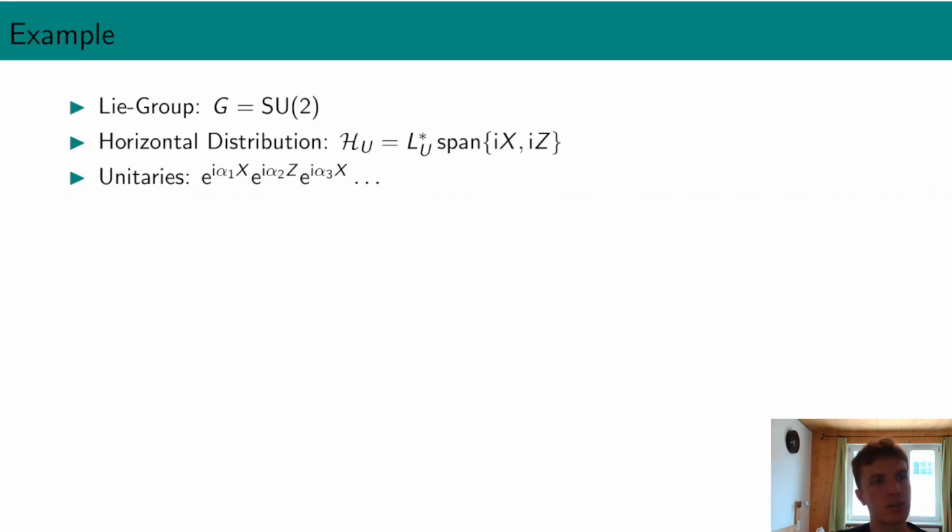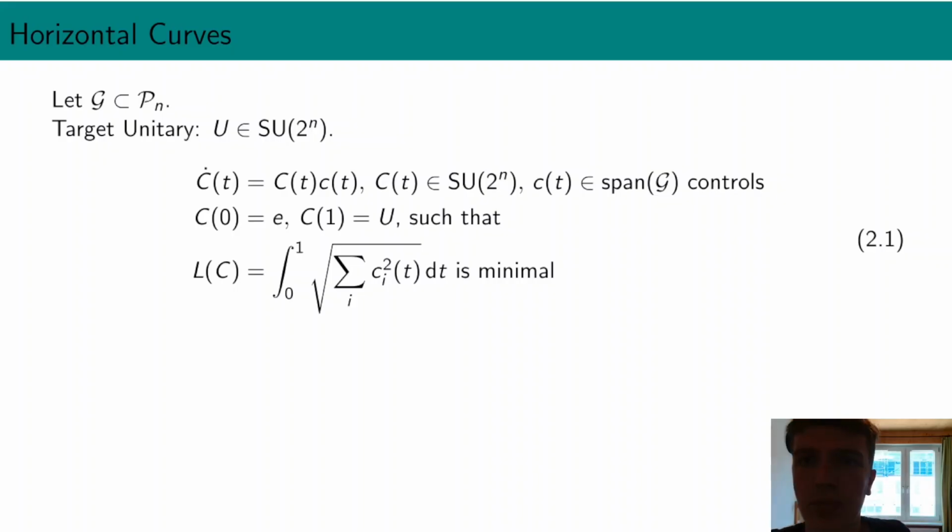We call this restriction, that we only rotate in x and z direction, the horizontal distribution. So we have a Hamiltonian that is just a sum of Pauli x and Pauli z with arbitrary time-dependent coefficients. And now we have a little trick. Look at this in the space of time-dependent Hamiltonians.